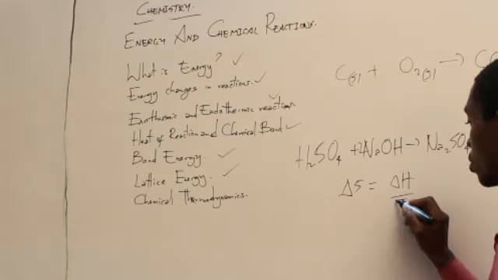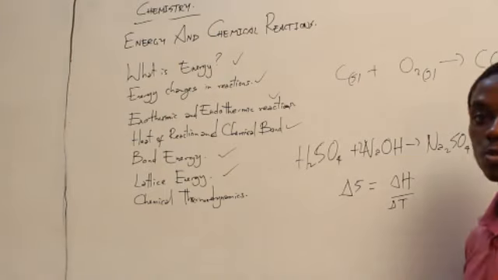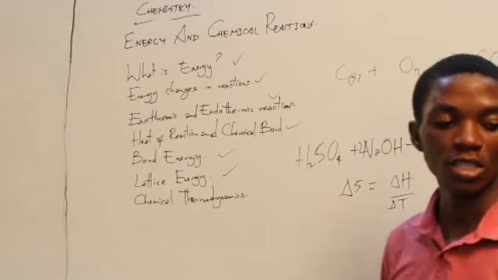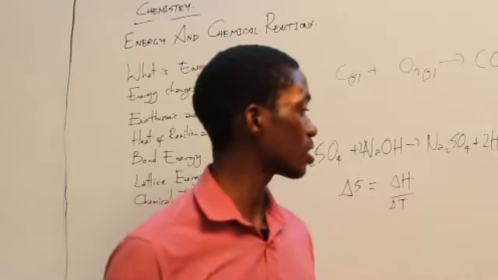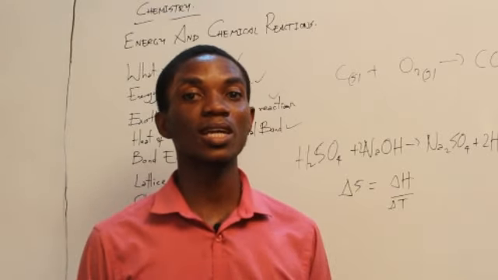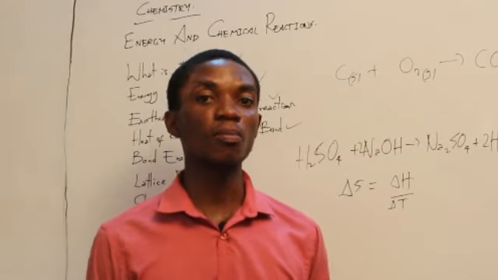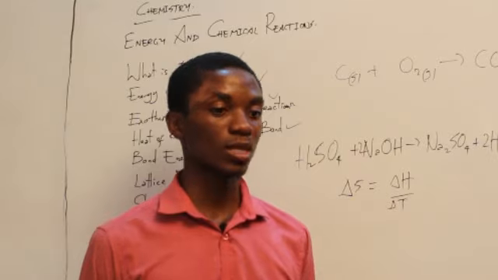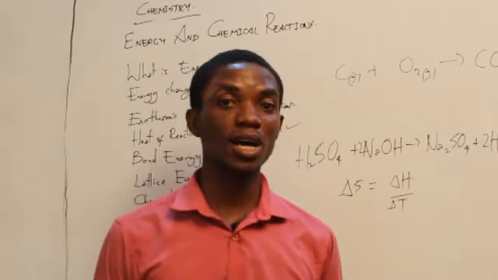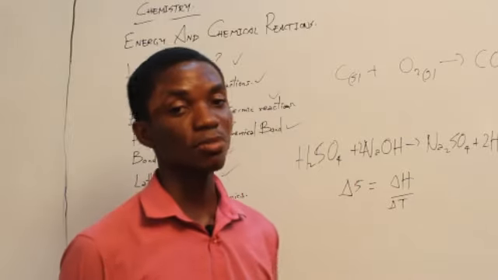This expression helps us to understand how certain things occur in a chemical reaction. So what is entropy? Entropy is the level of orderliness or disorderliness of a particular chemical substance at a particular temperature, of course.